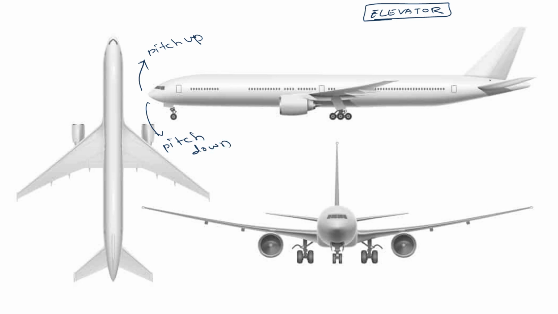Fine. Now here we have the elevator which is fixed. So either this elevator can deflect downward or deflect upward. Both ways are possible, and here there is nothing differential. That means if I am observing the elevator from the front view, if one elevator is deflecting downwards, then both will be deflecting downwards.